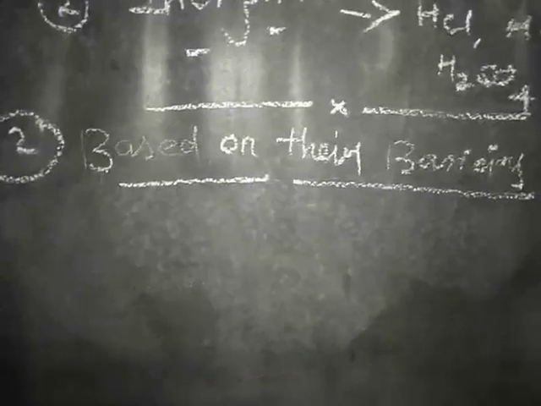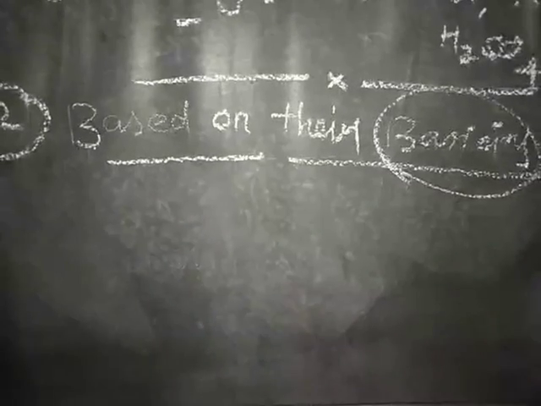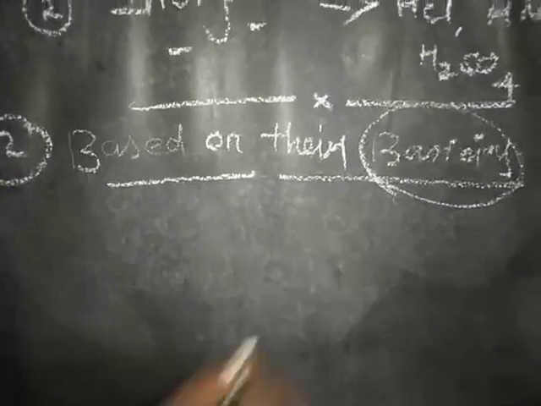Basicity refers to the number of replaceable hydrogen atoms present in one molecule of acid. So basicity is nothing but what? The number of replaceable hydrogen atoms. How many replaceable hydrogen atoms are present in one molecule of acid, that is called basicity.